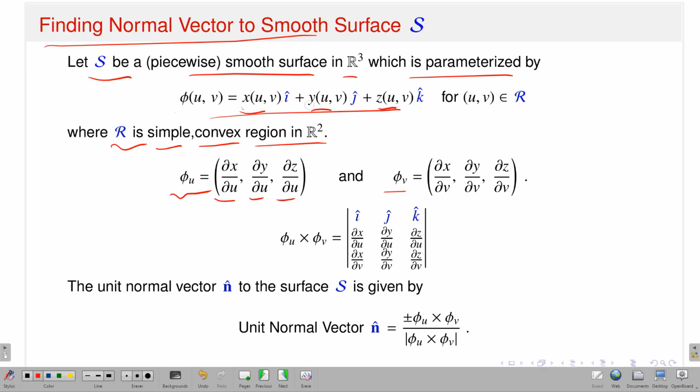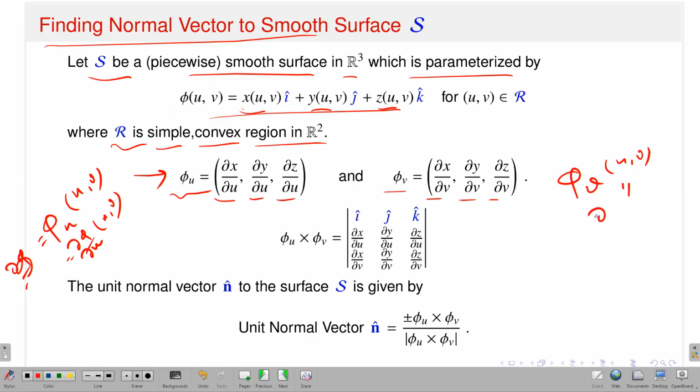Again you know the components x, y, z, that means this is del x del v, del y del v, del z del v at the point (u, v). So phi u is del phi del u at the point (u, v), and phi v is del phi del v at the point (u, v).